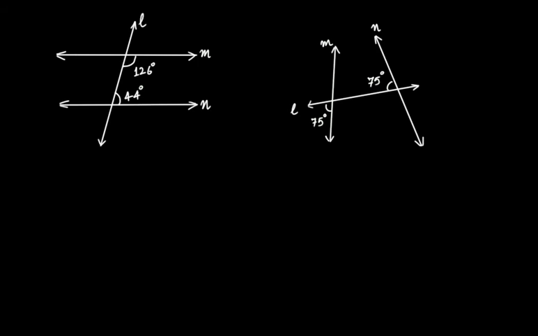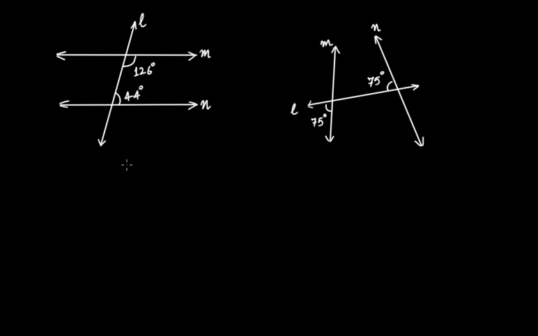What about this one? Here we have line M and line N, and this is a transversal L. The information given to us is that these two angles are 126 degrees and 44 degrees. Now, we can see that these two angles are actually what?